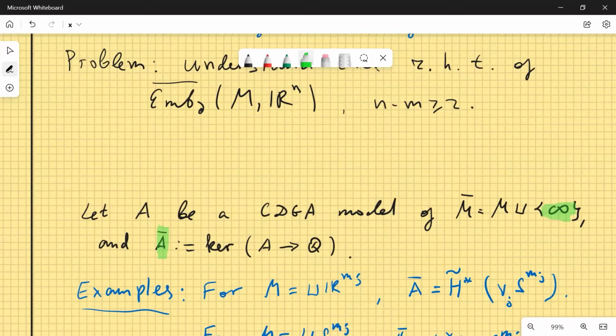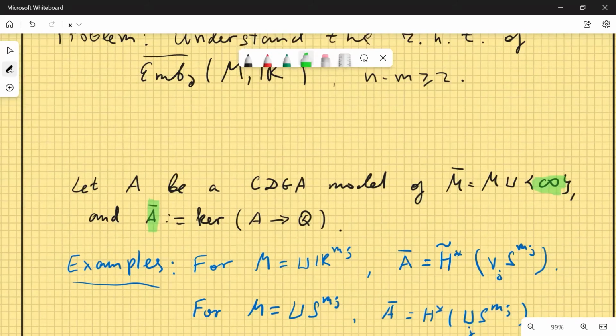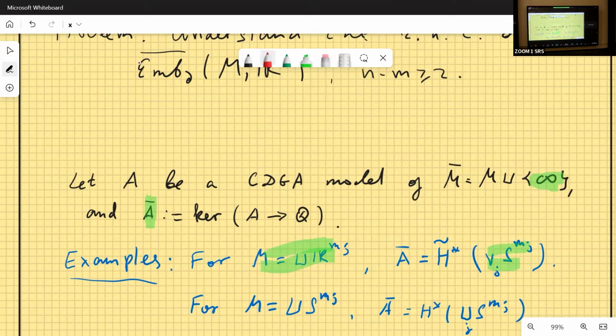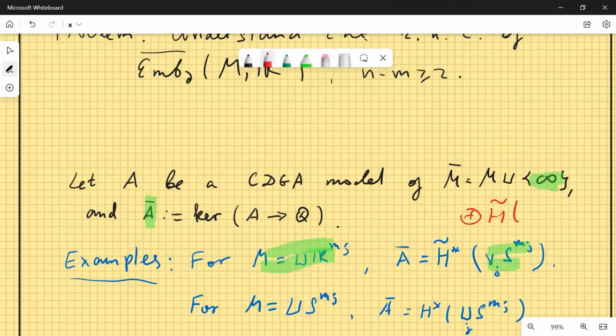So in specific examples, when M is a disjoint union of planes, we get that A bar is the reduced homology of a wedge of spheres, right? You see that this algebra has a trivial product, so it can also be written as a direct sum of algebras S^{m_i}.